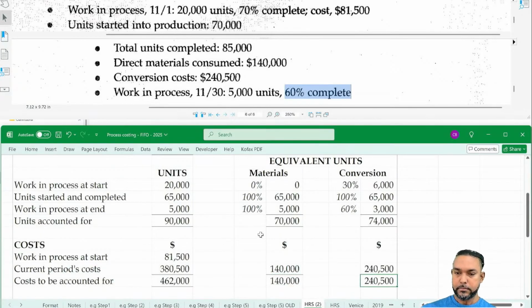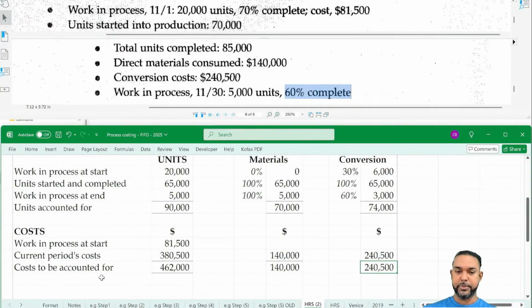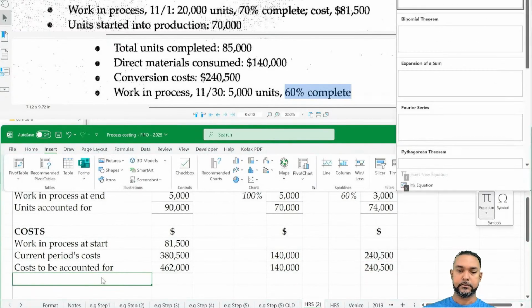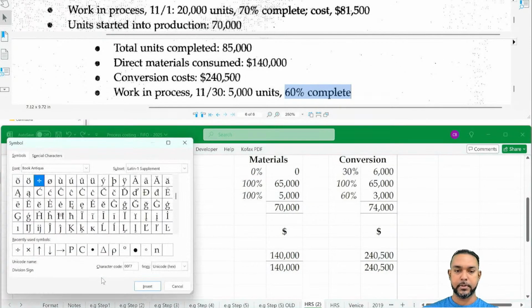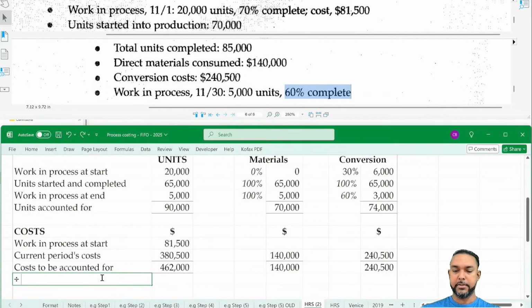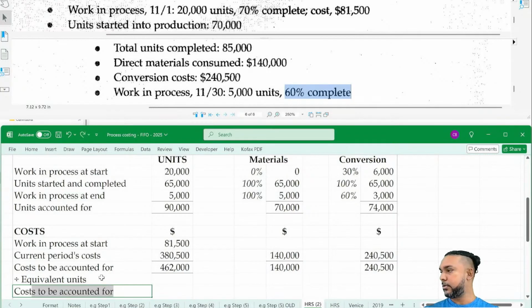Cool. And all we do now is we divide by the equivalent units to get the cost per equivalent unit.